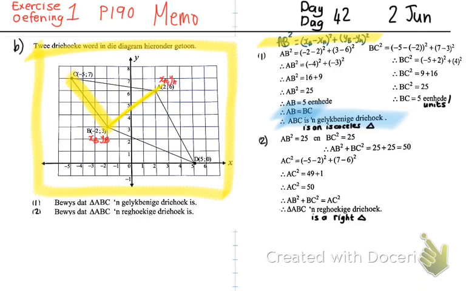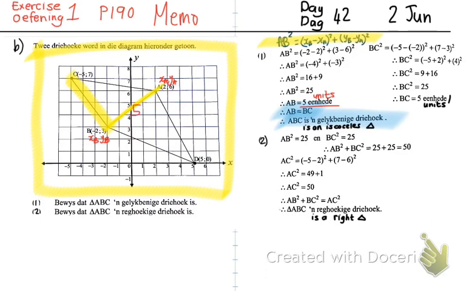And then I substitute in 3 minus 6 and I get negative 4 squared plus negative 3 squared, which is 16 plus 9, and that is 25. To get rid of the squared, I get the square root, and the square root of 25 is 5 units. So 5 units for AB.